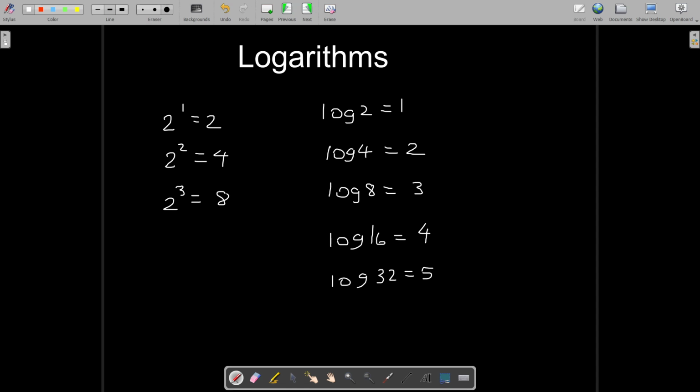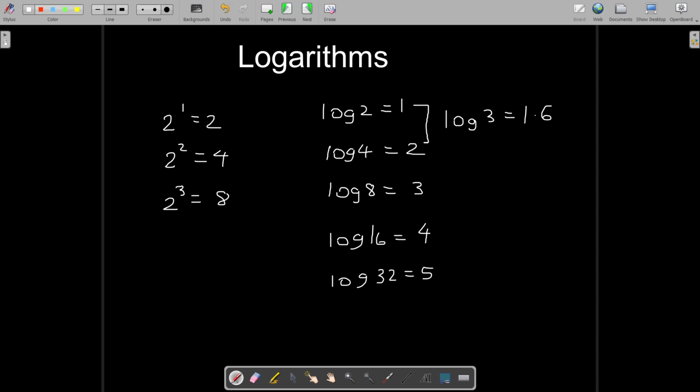Now, what about log 3? 3 is between 2 and 4. So when you take its log, it would be between 1 and 2. It is 1.6. This you need to know. The number between 2 and 4 is 3.